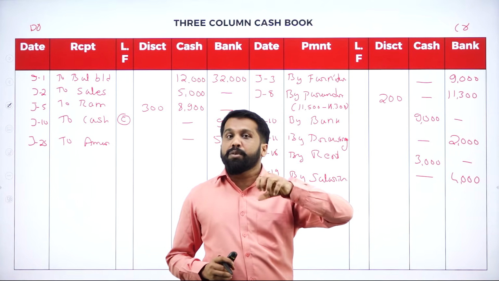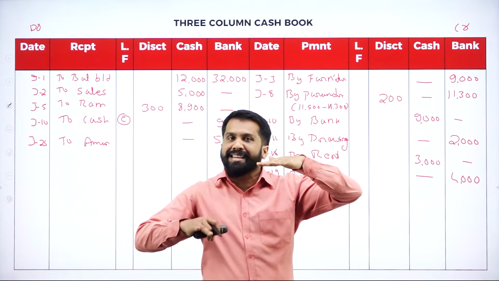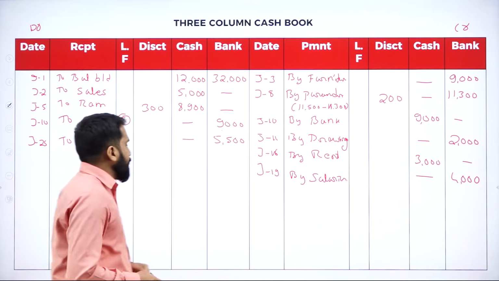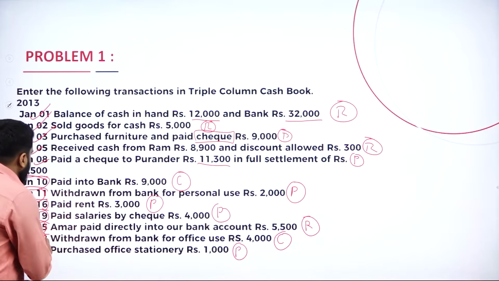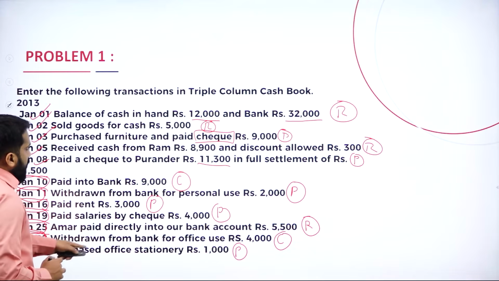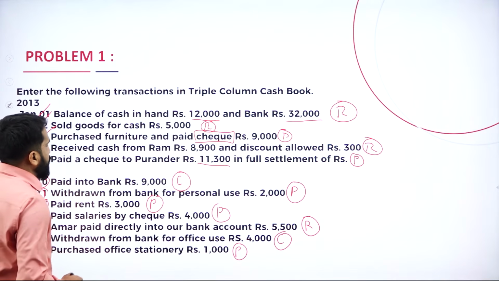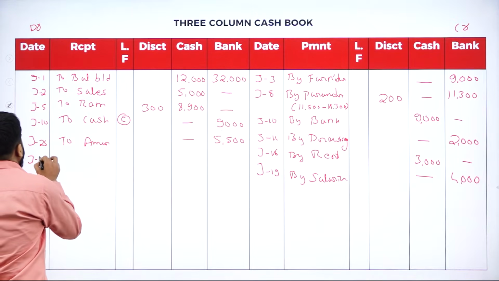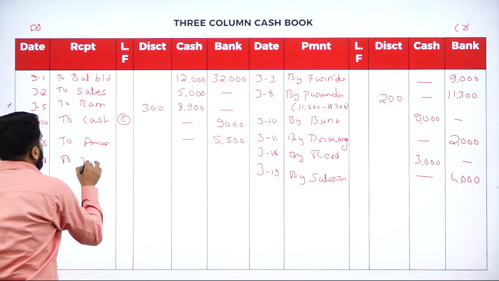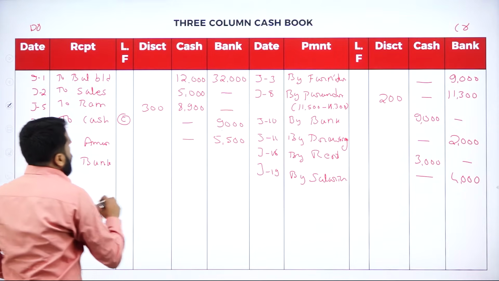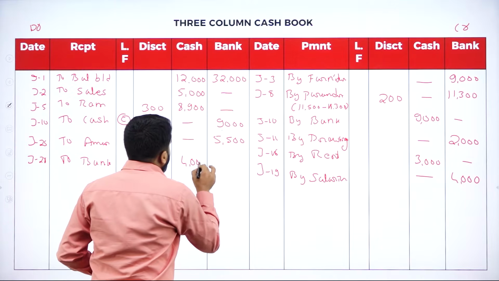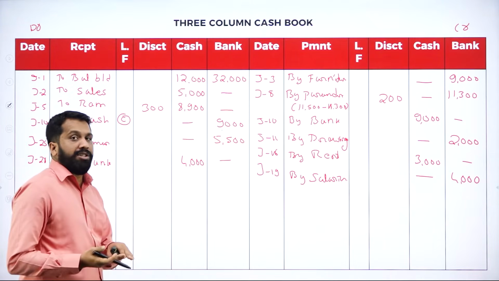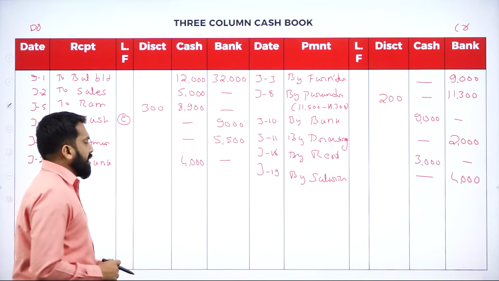What will happen? You will have more cash, less in the bank account. Now, what is the date? The date is 28th. Withdraw from bank for office use 4,000. Jan 28, to bank. In the cash column 4,000. Why is it in the cash column? Because your cash increased. Hope you understood.